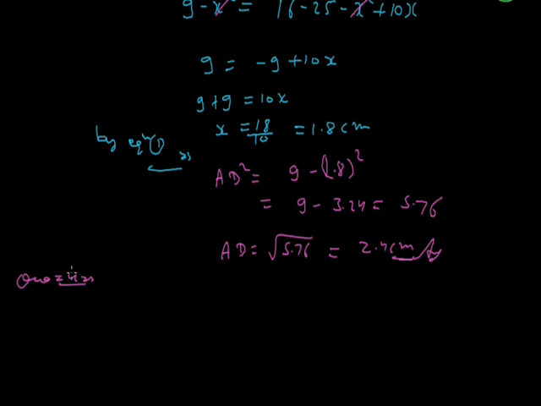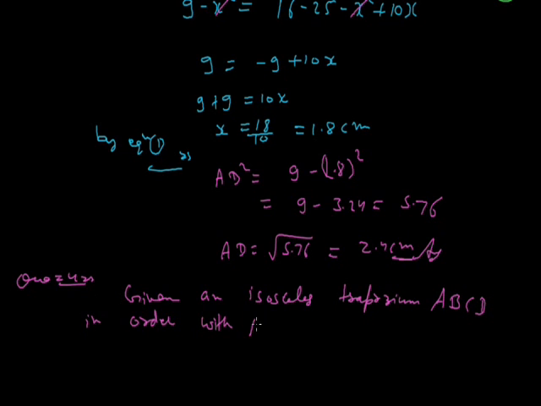Alright, question number 4. In question number 4 we have a diagram of trapezium. Question is given an isosceles trapezium ABCD in order with AB is equals to 6 centimeter and CD is equals to 12 centimeter.